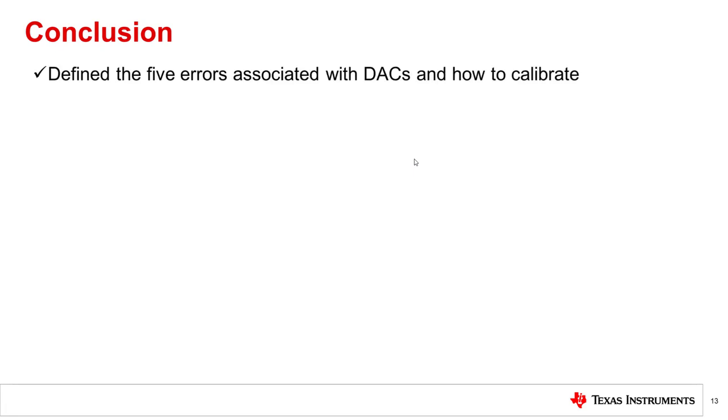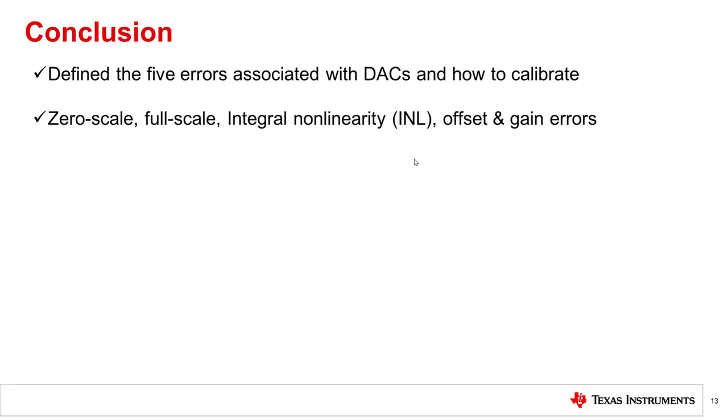In conclusion, in this lesson we defined and discussed the fundamentals associated with the 5 inherent errors associated with DACs and how calibration can be affected. Further, we defined the 5 inherent errors of zero-scale error, full-scale error, integral nonlinearity error, or INL, offset error, and gain error.